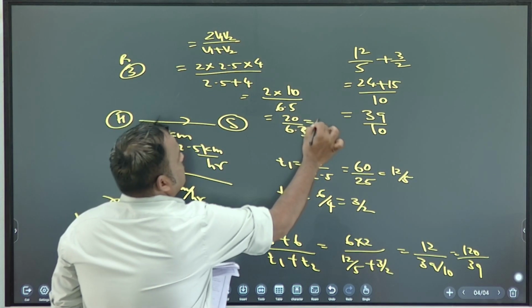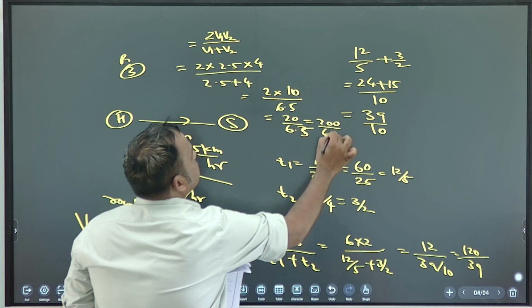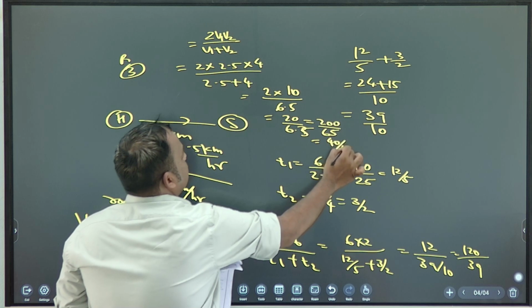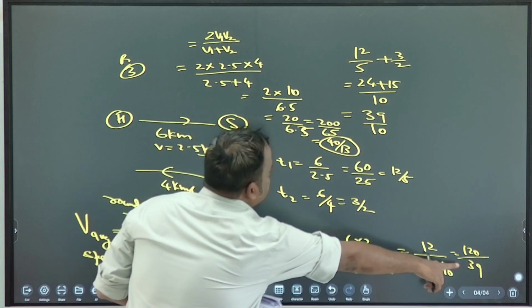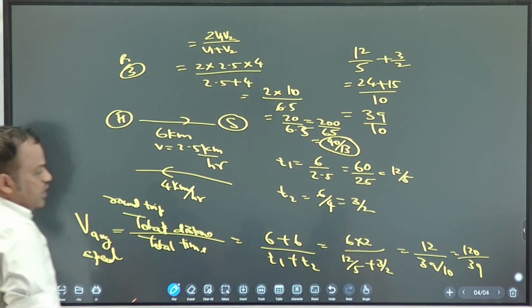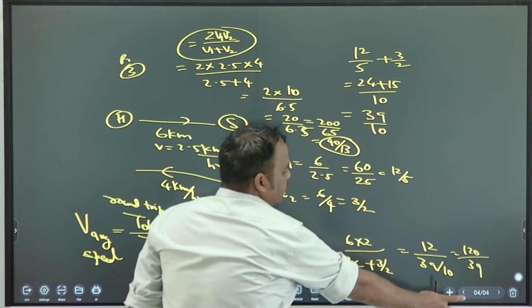Correct, so 200 by 65. Cancel by 5, so 40 by 13. Yes, here also 40 by 13. So second option. Note down. Now, the direct formula: 2 V1 V2 by V1 plus V2. Note down.